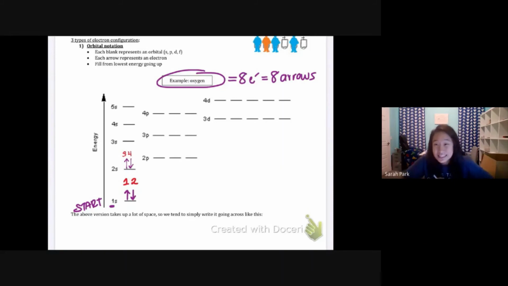We still need to get to 8 electrons. Where do electrons 5, 6, 7, and 8 live? Then you have to follow the rules again. What's the next house available to us? The next house available to us, if you look here, is 2p. That's the next level up.